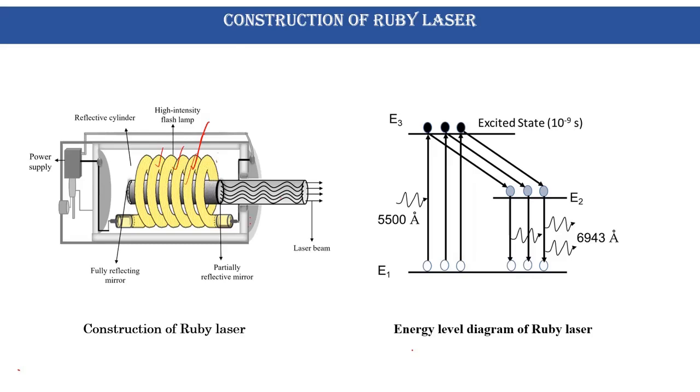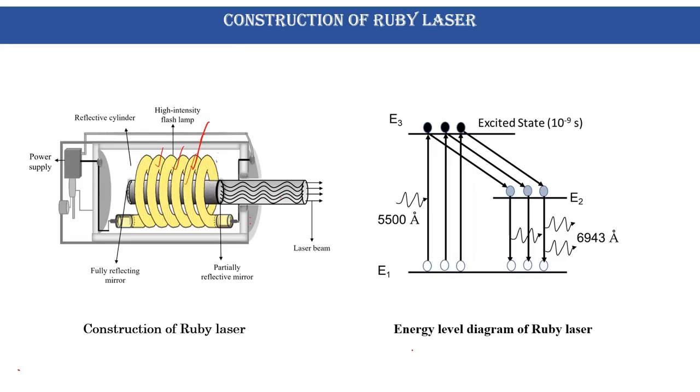When these two emitted photons again interact with metastable state atoms, two more atoms are de-excited and thereby two more photons are emitted by stimulated emission. These four photons in turn interact with four more excited atoms in the metastable state, and the chain reaction continues and an innumerable number of photons are emitted within a fraction of a second.